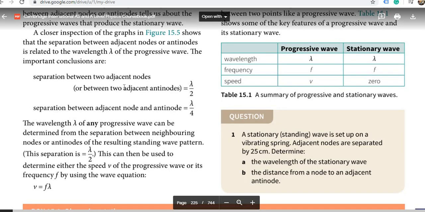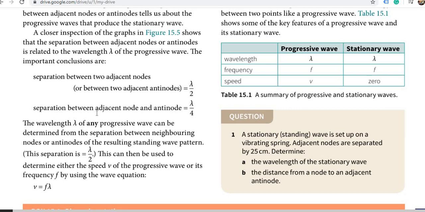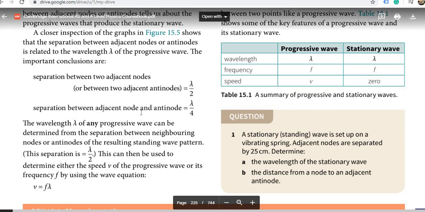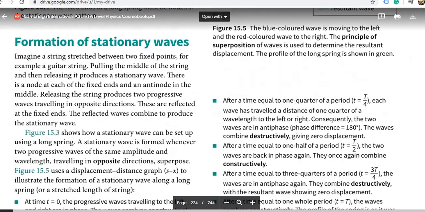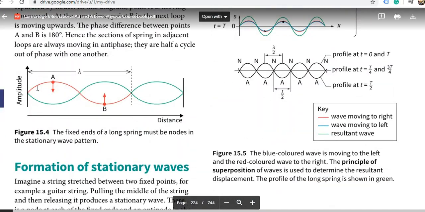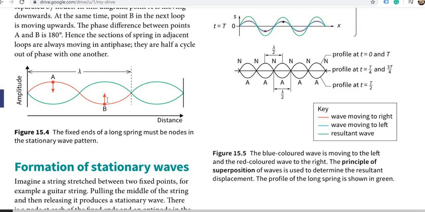Between two adjacent nodes or antinodes is a separation, and between an adjacent node and antinode. I think it's easier here. From this node to this node, it is half a wavelength. From this antinode to this antinode, it's also half a wavelength.